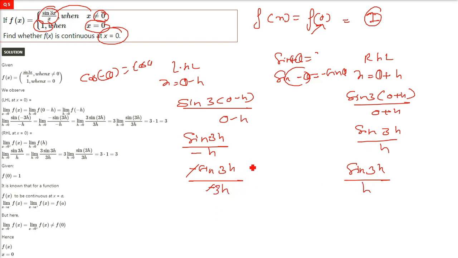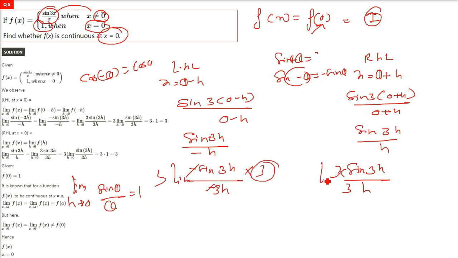So divide and multiply both numerator and denominator by 3 in both cases. The limit as h tends to 0 of sin theta by theta is nothing but 1. So sin 3h by 3h, in the limit, both cases it is going to be 1.